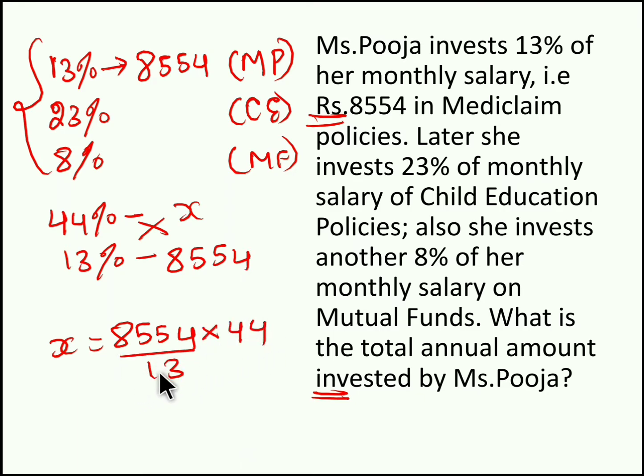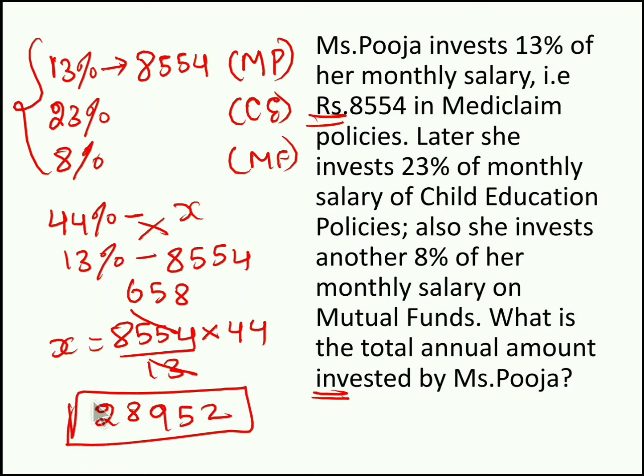So 8,554 divided by 13 is 658. So 658 into 44, you get 28,952. So 28,952 is the total annual amount invested by Pooja. Hope you understood the concept, right?